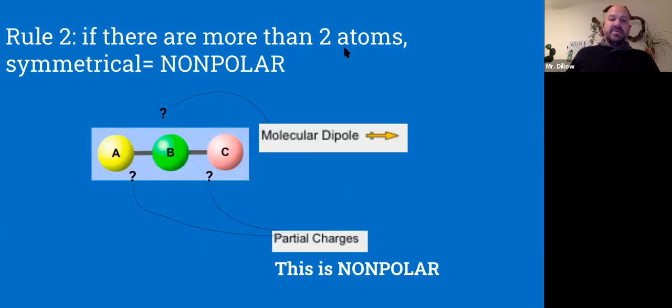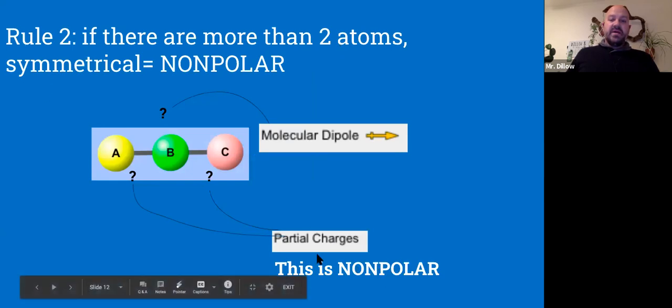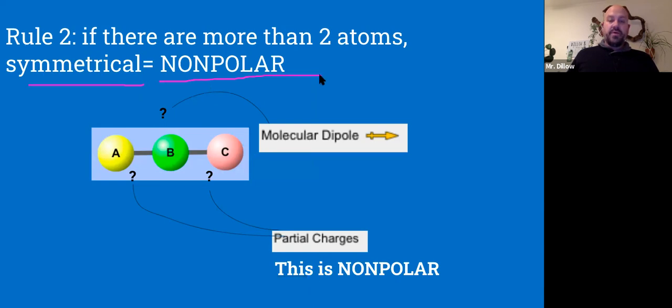If there are more than two atoms and it is symmetrical, then it is nonpolar. Because even though there might be dipoles, they cancel each other out, kind of like tug of war. If two twins were playing tug of war, the two would cancel each other out so that there is no polarity.